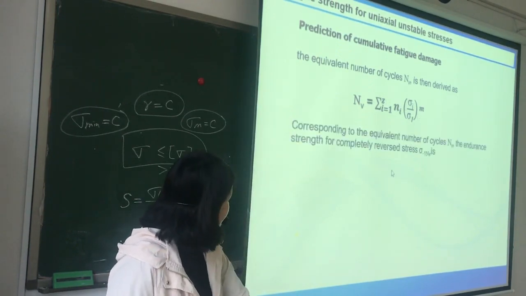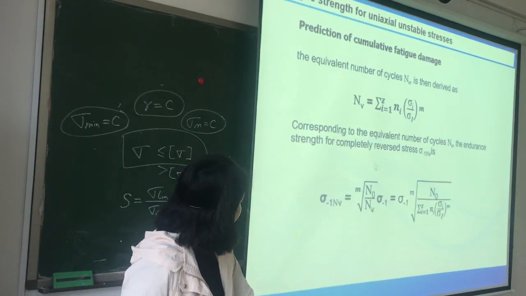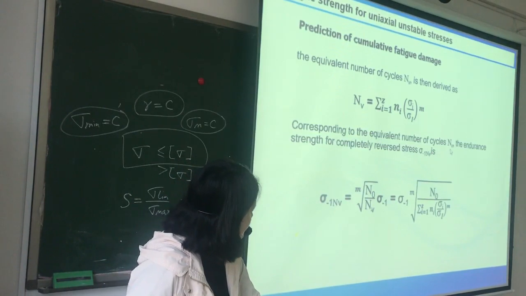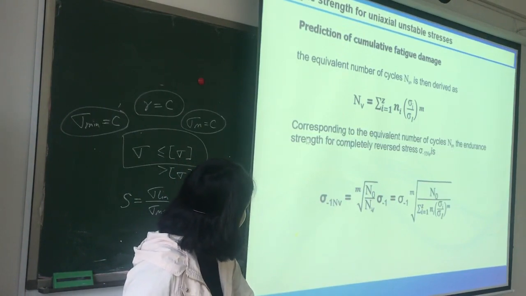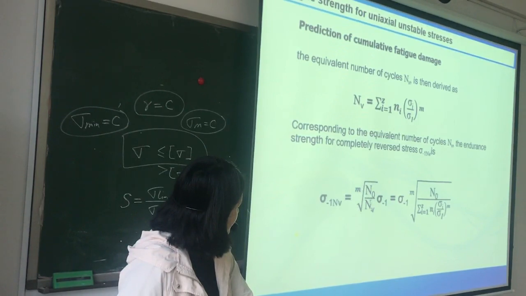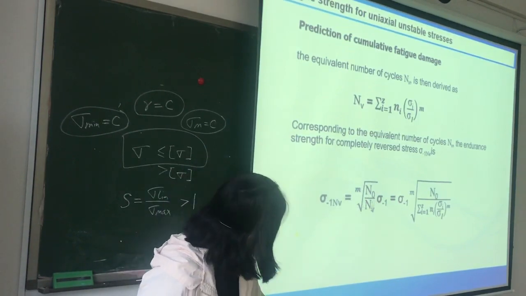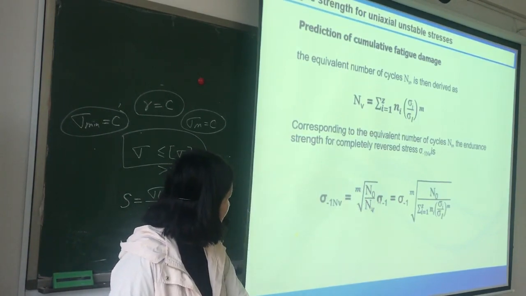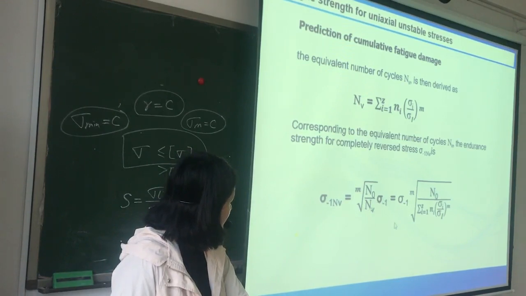And corresponding to the equivalent number of cycles Nv, the endurance stress for completely reversed stress, sigma minus 1 Nv, is the mth root of N0 divided by Nv, times sigma minus 1.